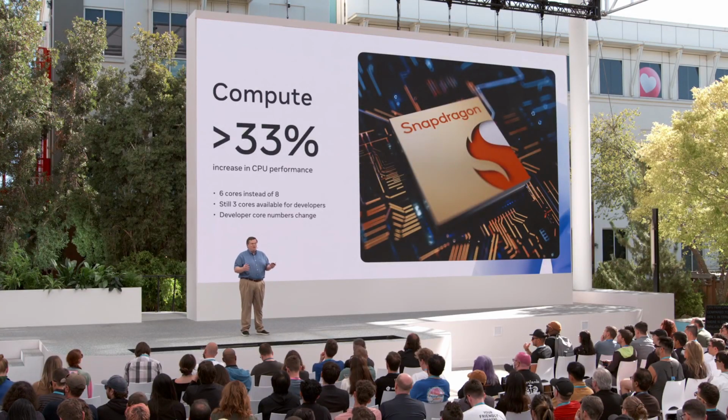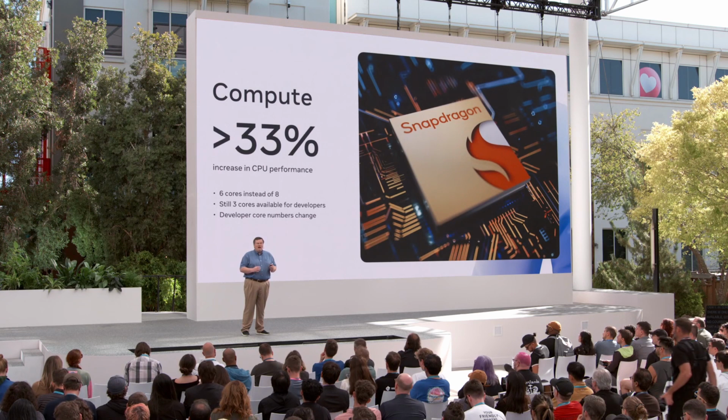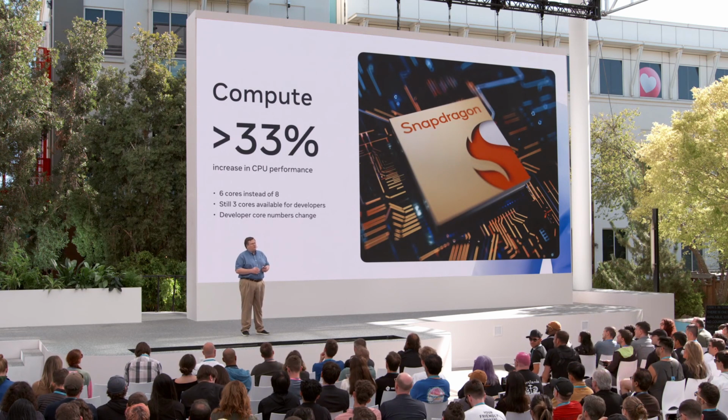Hold on, isn't that a downgrade? Quite simply, no. On Quest 2, 5 of the 8 cores were reserved for the operating system to use. On Quest 3, there's only 3 cores reserved for the operating system, meaning that in both cases, there's 3 cores available for developers. However, this does mean that some of your performance analysis tooling may need to change.